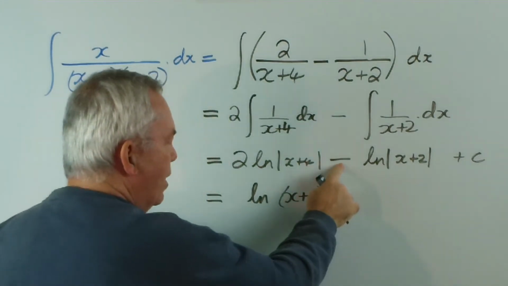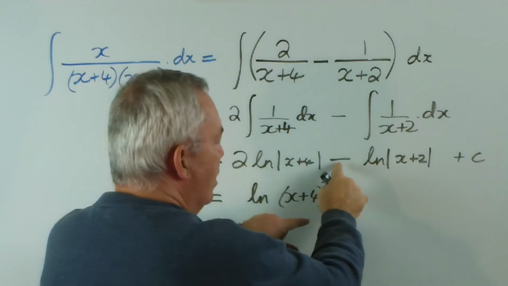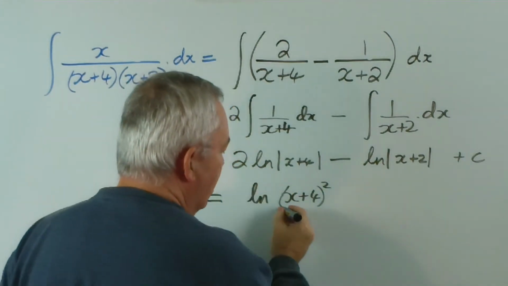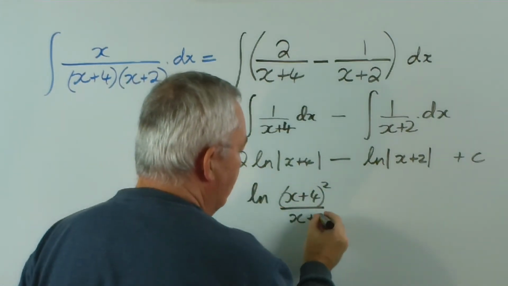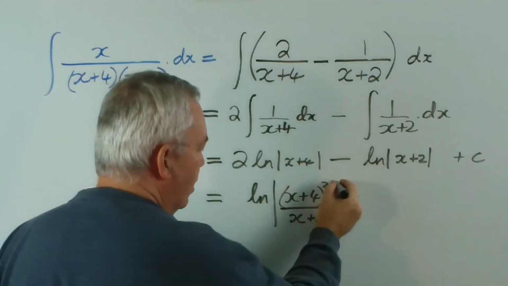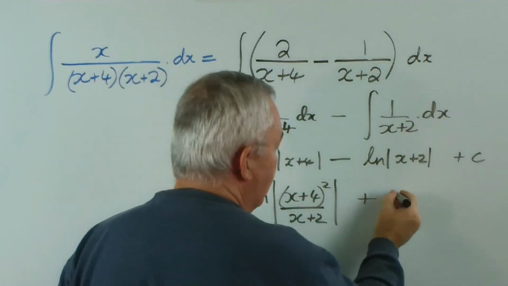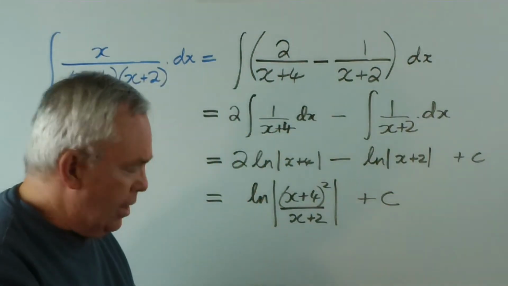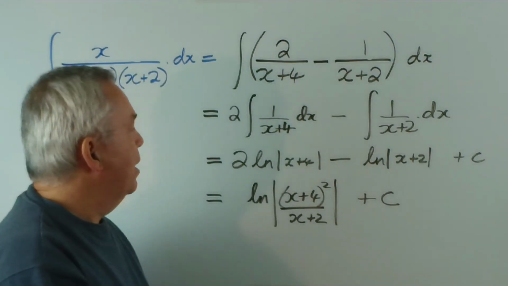And since we're subtracting logarithms, it means we're dividing the numbers. So I'm going to divide by x plus 2. And again, because x plus 2 can take negative values, I'm going to use the absolute value sign. And there's our solution, nice and neat.